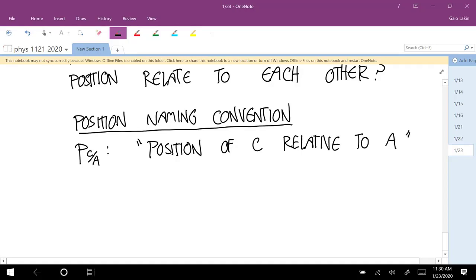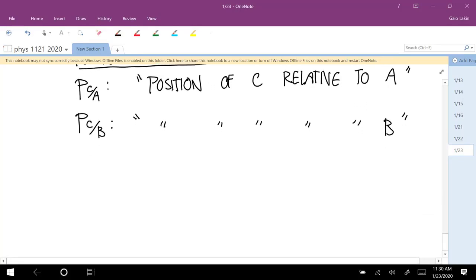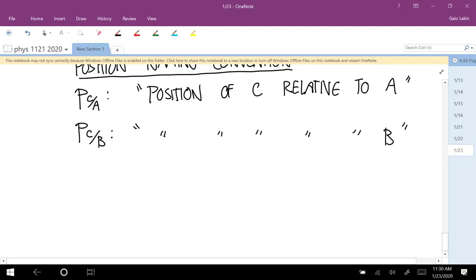Okay, so that's the position that's observed by someone with their zero position at A, and the position of C relative to B, or C over B is what the subscript looks like, and I'm going to call that the position of C relative to B. And the relative motion equation for position, then, this is always true.